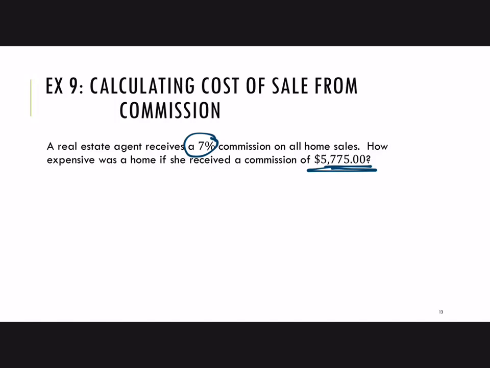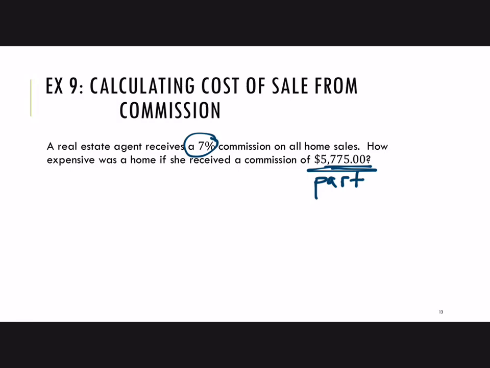Well, anything like sales tax or commission or a discount or a price increase, all of those are going to be portions or percentages of total amounts. Okay, so that's going to be our part or our portion. All right, so that is the 7%. 7% of something.